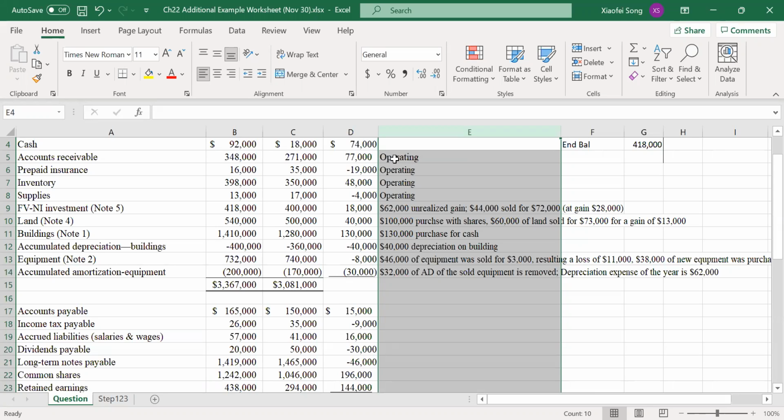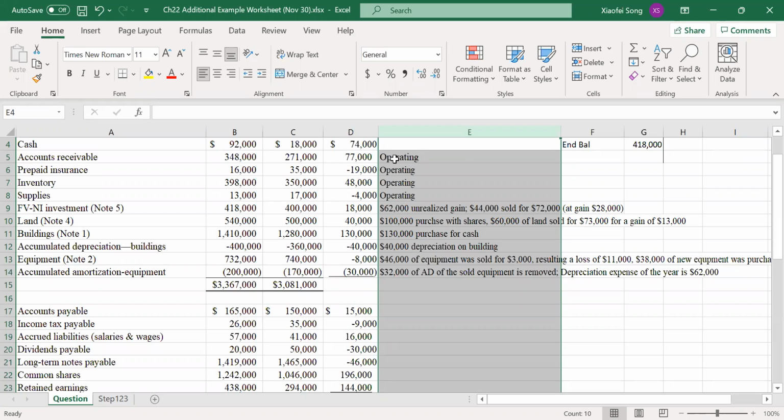Now, keep in mind, there will be both unrealized gain or loss and realized gain or loss. Unrealized gain or loss is not cash gain or loss, so when we do the cash flow statement, we need to adjust that.